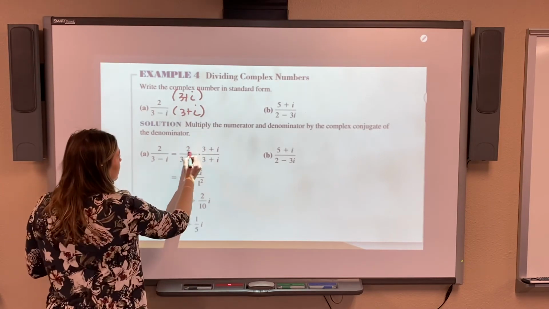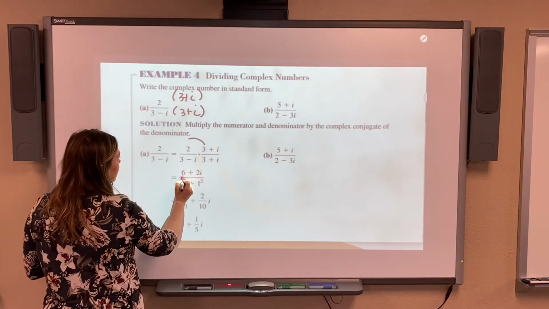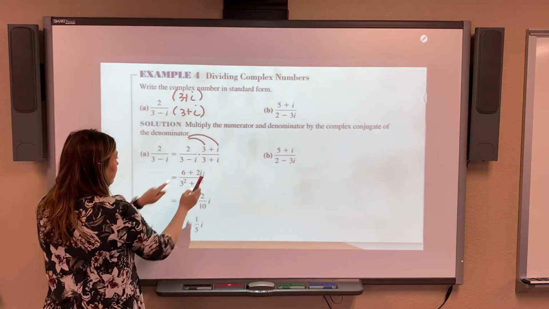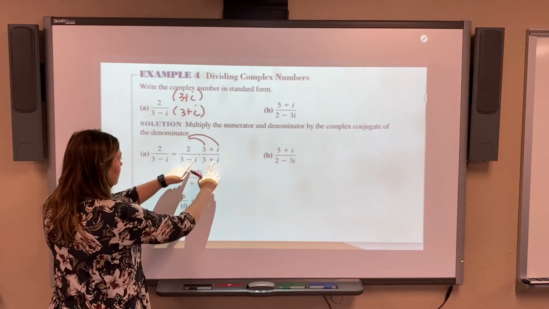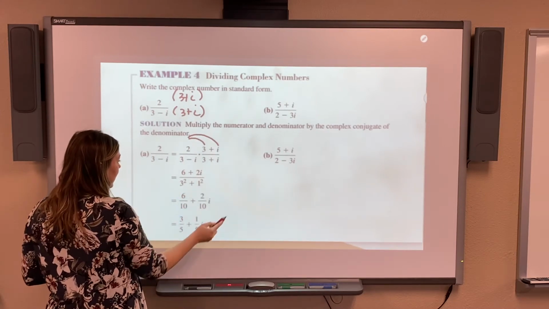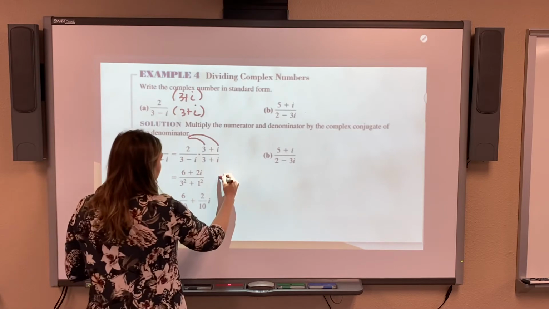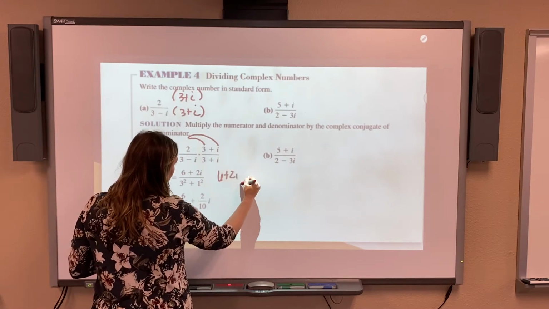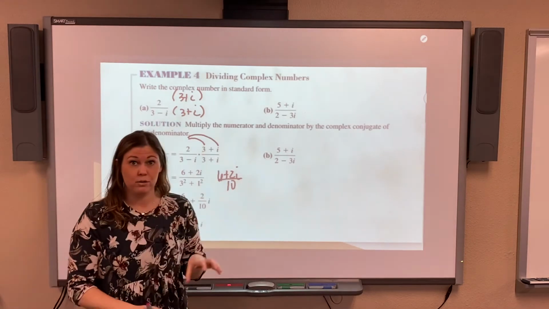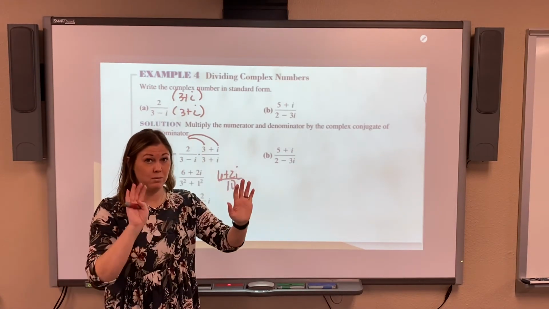So 2 times 3 would give us 6. 2 times i would give us 2i. And then if we do the bottom, we have our 3 squared plus 1 squared. So 3 squared would be 9, plus 1 squared would be 10. So then this would be written as 6 plus 2i over 10. Okay, and this is technically not in standard form because it's not written in a plus bi.